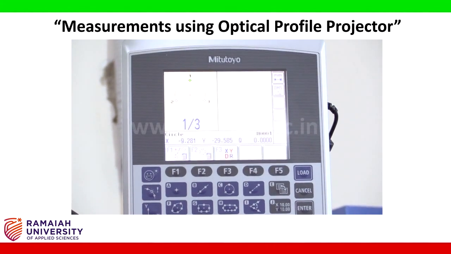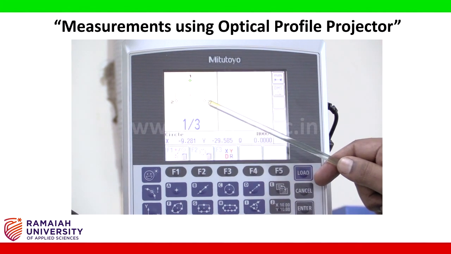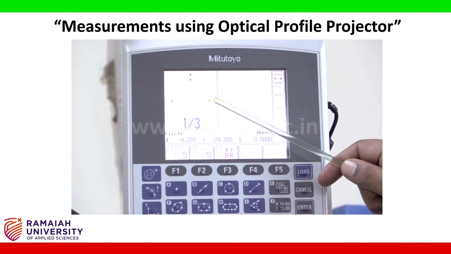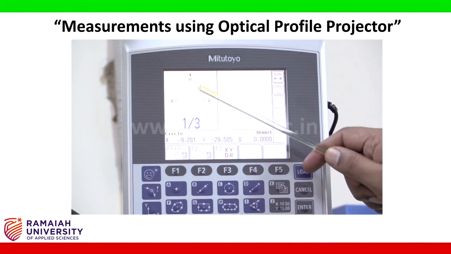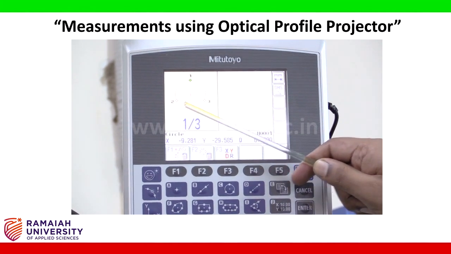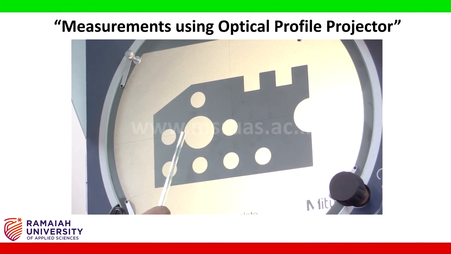The QM data is asking for 3 points, or the 3 coordinates of the circle, from which it will compute the diameter of the circle. The first point, the second point and the third point. So let us find out the diameter of this bigger circle. We need 3 points to find out the diameter of this circle.